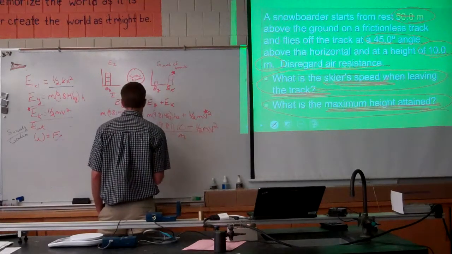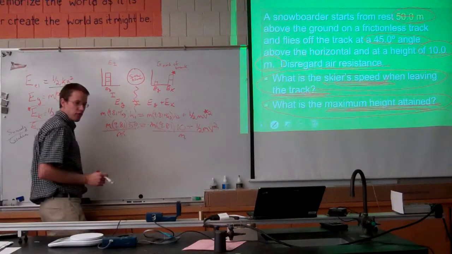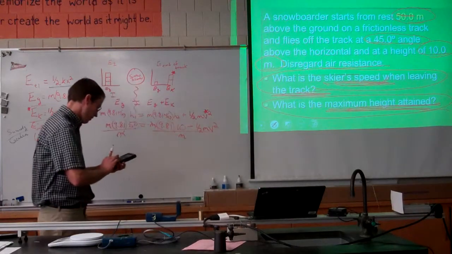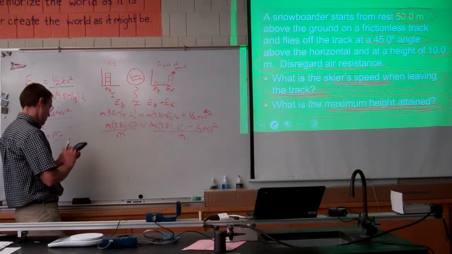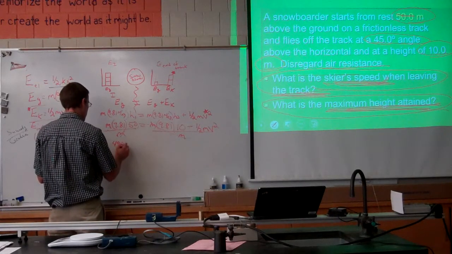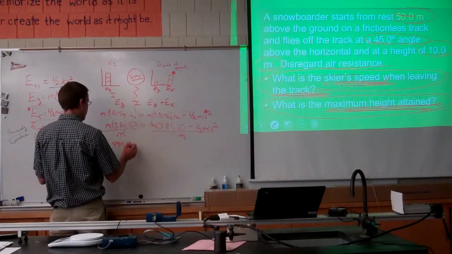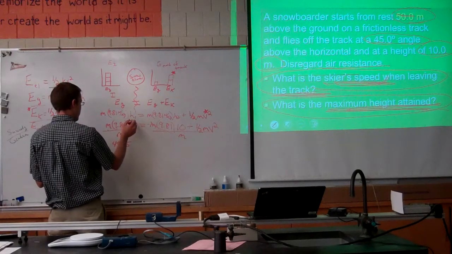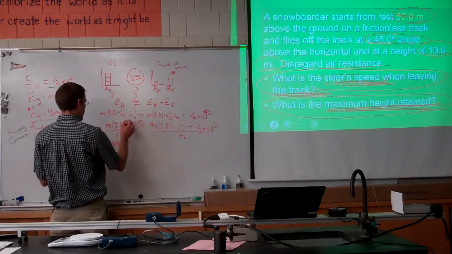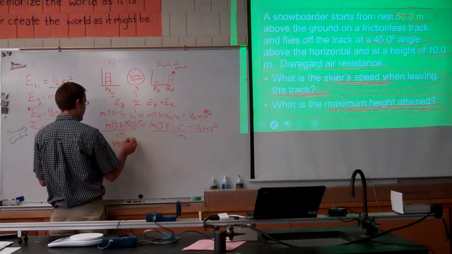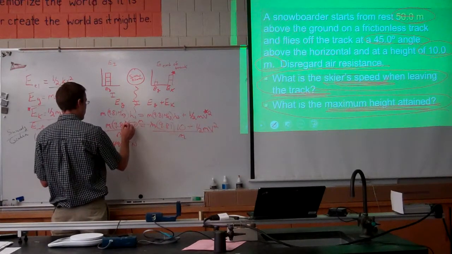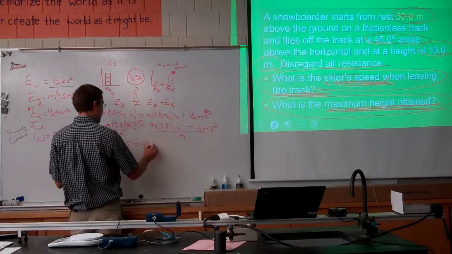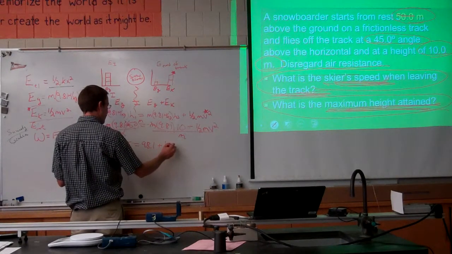So what we end up with is 9.81 times 50. Let me get my calculator here. That's 490.5, in newtons per kilogram times meters. So 490.5 equals 98.1 plus 1/2 v squared.